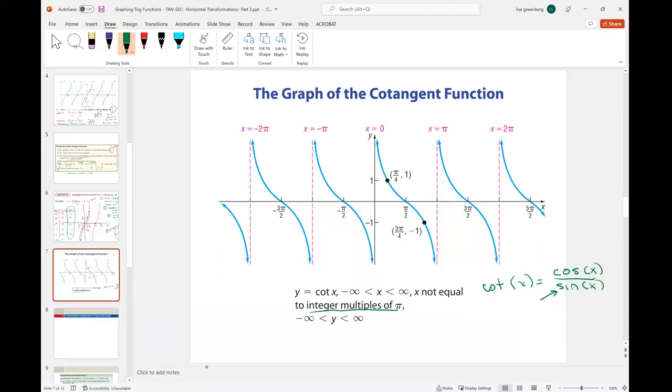It's not. It's shifted. So it's really important if I'm asking for the function that this graph represents, the first thing you need to do is figure out where the asymptotes are. So since the asymptotes here are at all the multiples of pi, I know, well, since asymptotes are in the denominator, and I need to know where my zeros are for sine, my zeros are at 0 and pi.